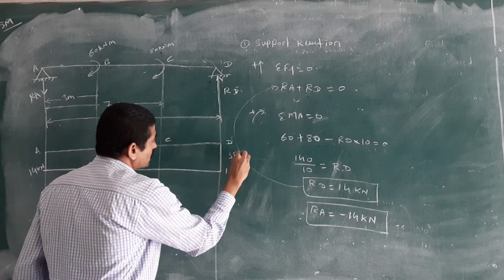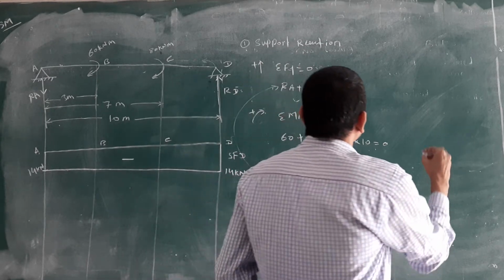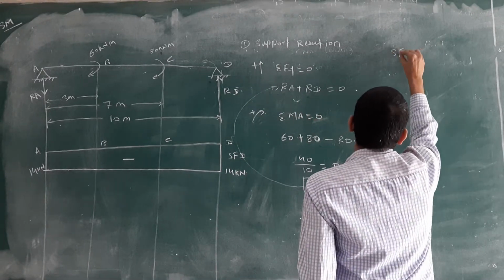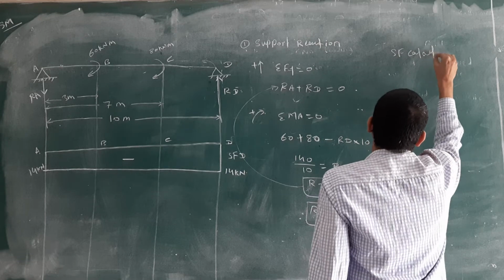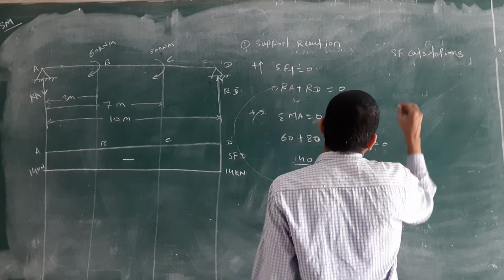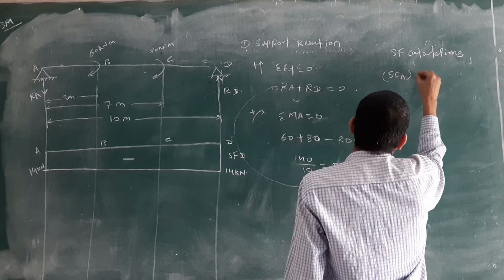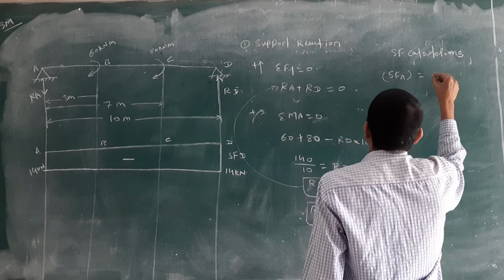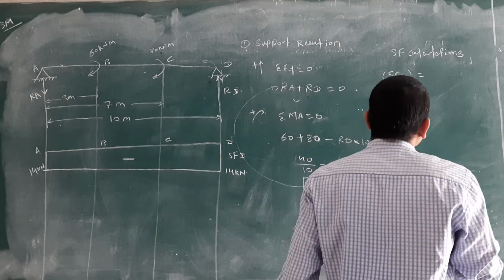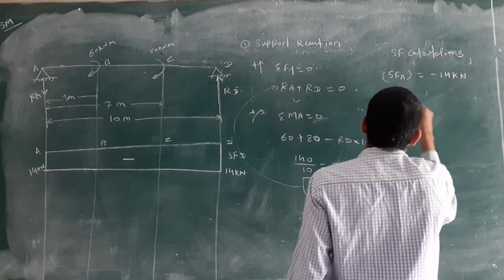When you write the calculation for the SFD, then check the SF calculations. I will write SF calculations. What is the SF calculation? SF at point A is equal to minus 14 kilonewton, right?